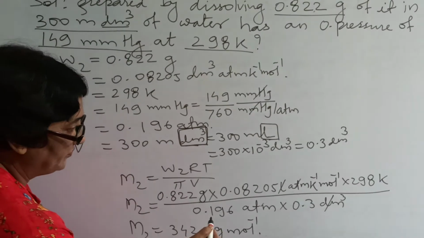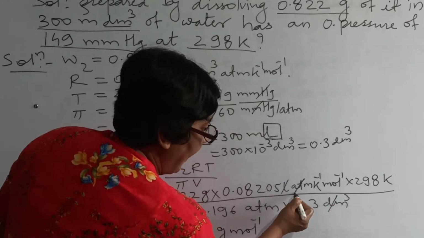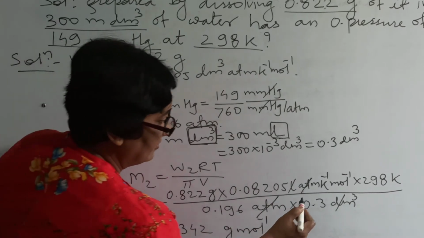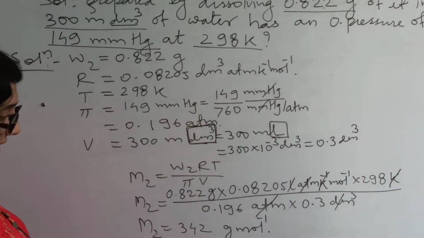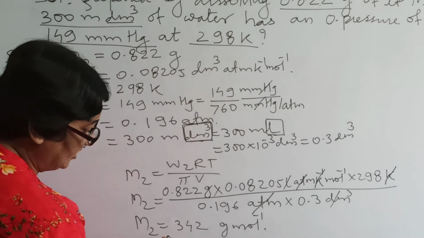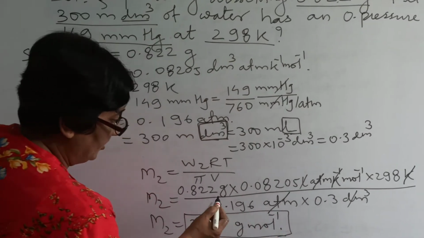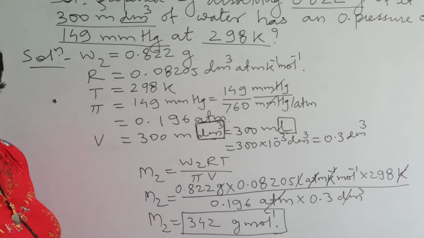So here the liter cancels with cubic decimeter, atmosphere cancels with atmosphere, Kelvin with Kelvin, and after calculation using the log table, the final answer comes out to be 342 gram per mole. Here the unit is gram per mole.